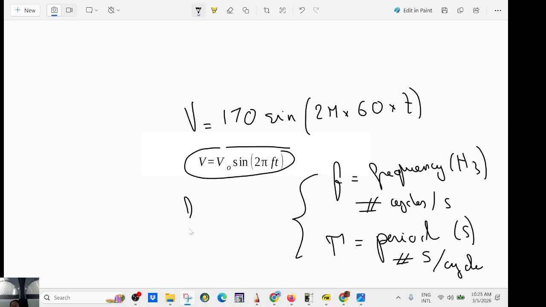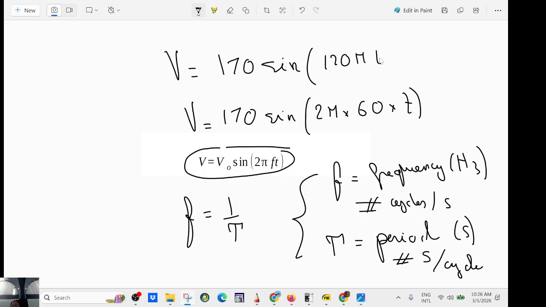So we have frequency equals 1 over T. So for our outlet, maximum is 170 sine 120 pi t. So it's a function of t. The period is 1 over 60 in seconds in the US, which is about 0.017 second.